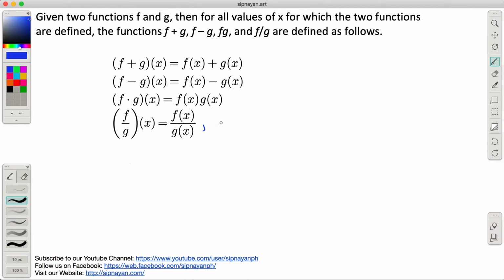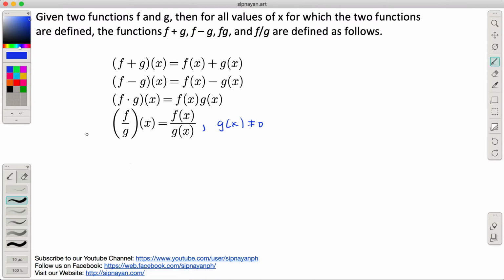Of course, kalimutan dito, but g of x must not equal 0. Lagi naman yan, pag meron tayong fraction, dapat yung denominator natin ay should not be equal to 0. Now, kung hindi kayo familiar dito sa notation natin, huwag kayo mag-alala kasi magbibigay ako ng specific examples.